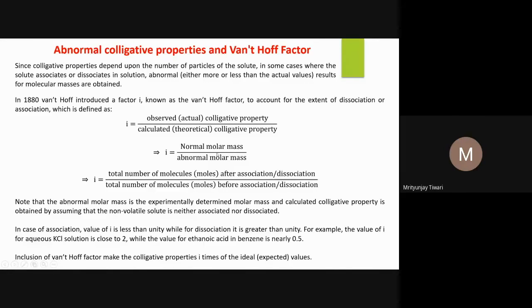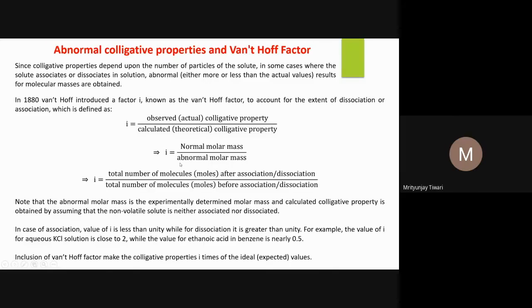And what is the abnormal molar mass? Because of association or dissociation, we obtain a colligative property corresponding to the actual number of particles present in the solution, which is different from the number of particles there would have been if there was no association or dissociation. The corresponding molar mass that we calculate is called the abnormal molar mass.